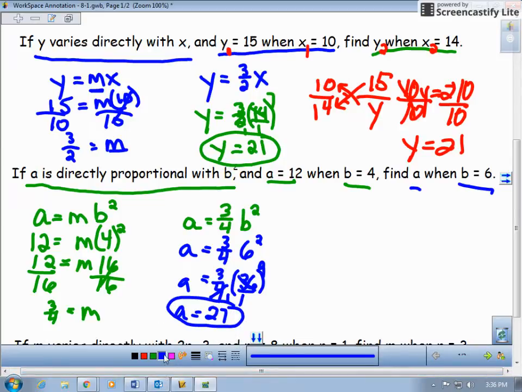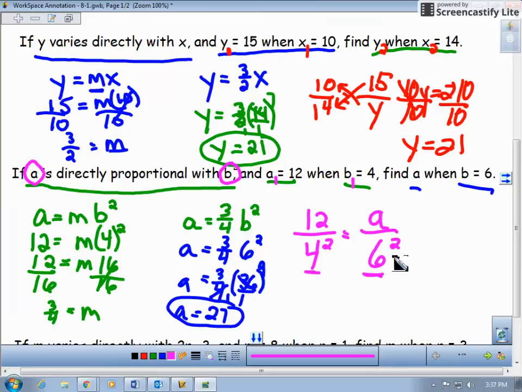Now, the other thing you can do, once again, is just set it up in a proportion, guys. Let's remember, a varies directly with b squared. So I'm going to put in a, 12, my first a, and that's my first b, 4 squared. You've got to square that, though. Then I want to find my other a when my other b is 6. I've got to square the b because it's b squared. So 4 squared is 16, and then a over 36.